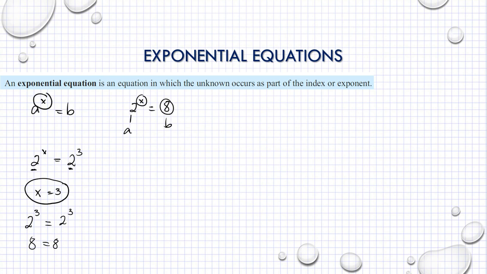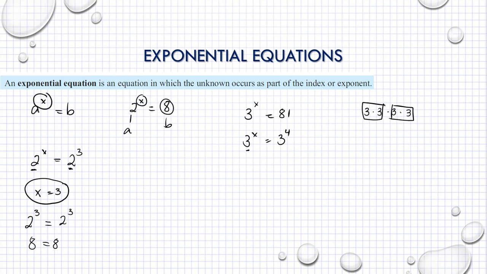And then we have also 3 raised to x is equal to 81, for example. Then we know that 3 raised to x is equal to 3 raised to 4. That is 81, because 3 times 3 times 3 times 3, this is 9, and this is 9, so 9 times 9 is 81.